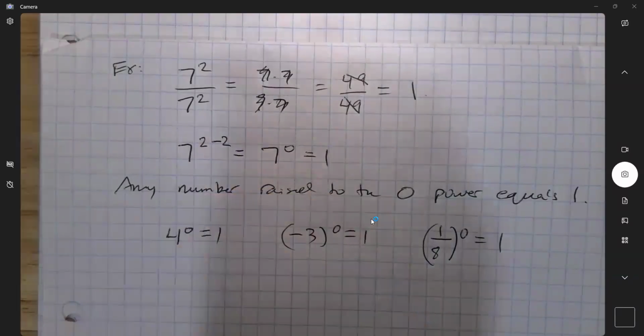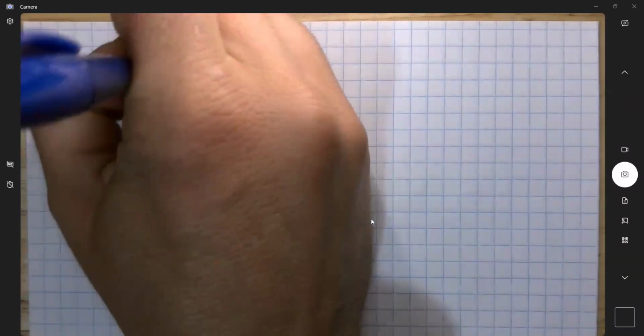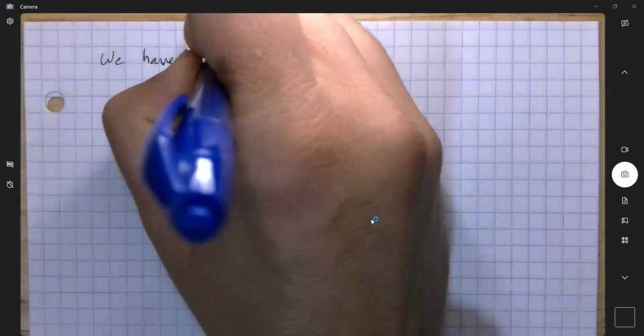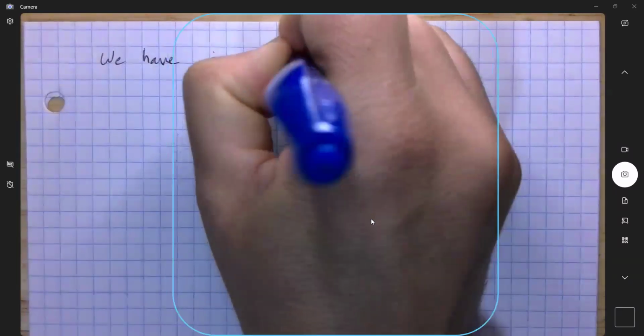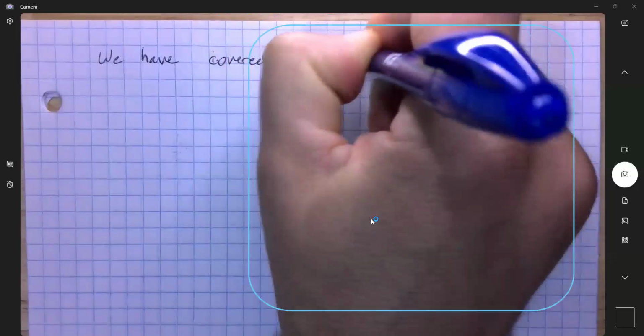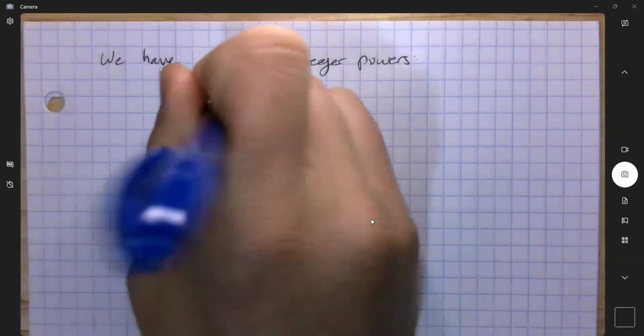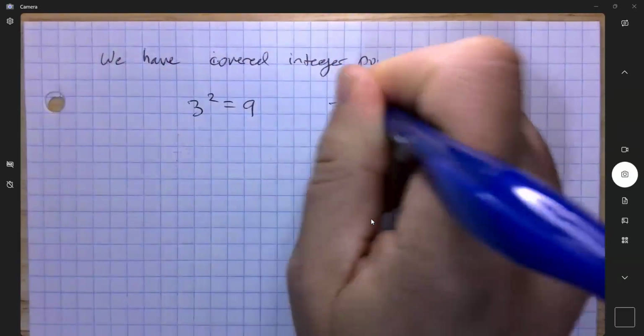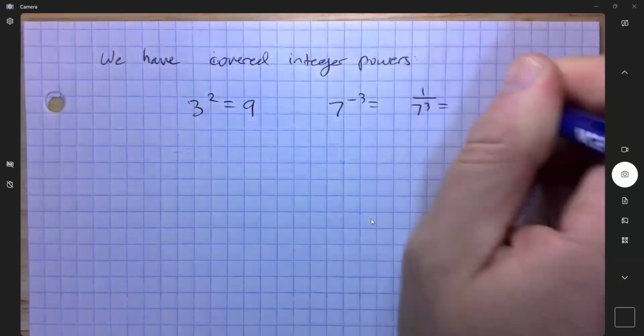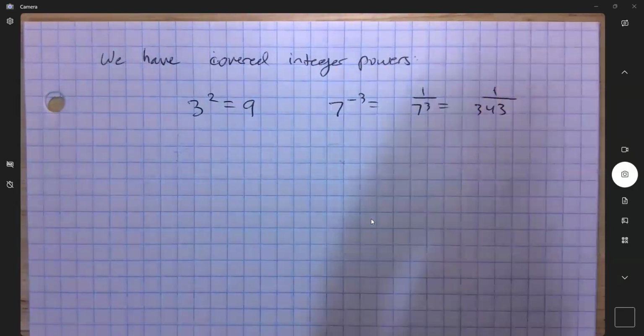And we're almost done. We've got one more rule. And that rule is fractional powers. So far, we have covered integer powers. We know 3 squared is 9, or 7 to the minus 3 is 1 over 7 cubed, which is 1 over 343.